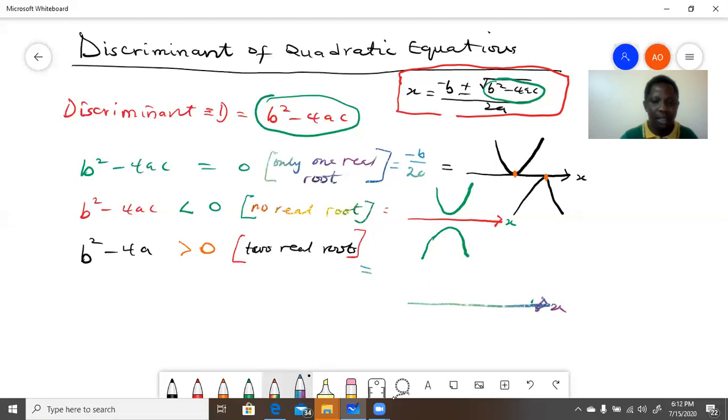Then our graph can be either like this, facing up, or it can face down, like this. Now, if you look at these two graphs, each of them touches the x-axis at two distinct points.